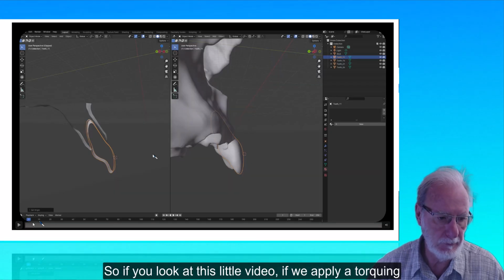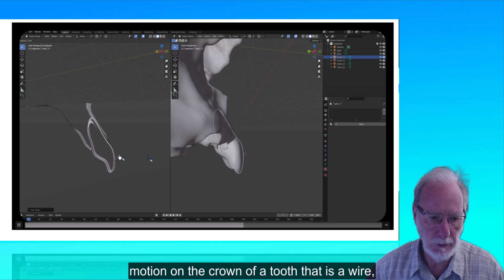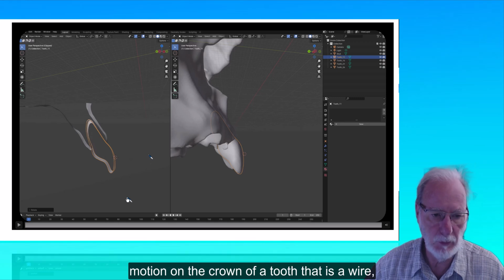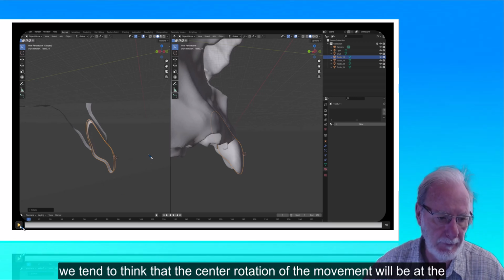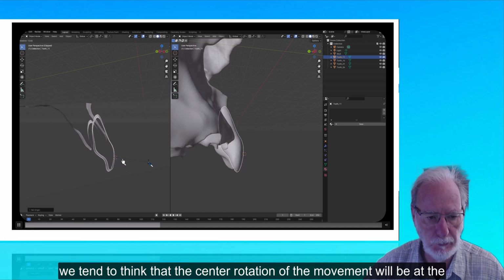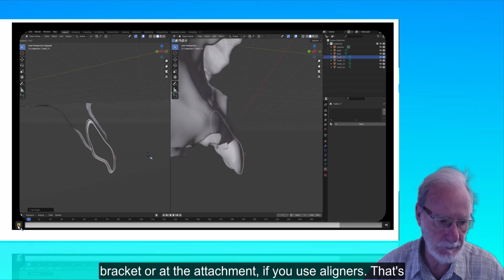So if you look at this little video, if we apply a torquing motion on the crown of a tooth, let's say with a wire, we tend to think that the center of rotation of the movement will be at the bracket, or at the attachment if you use aligners.